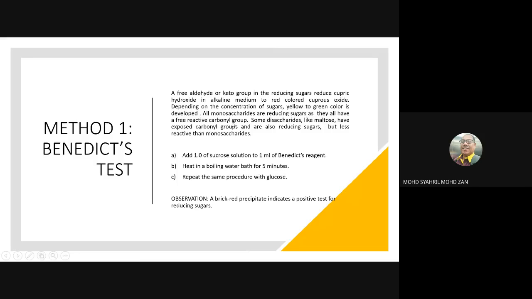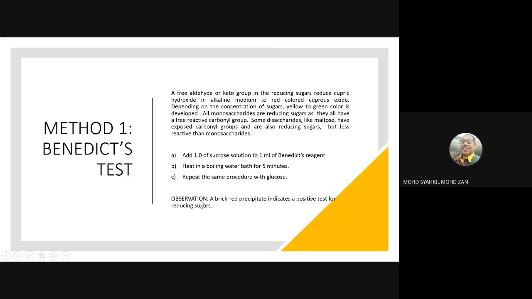You will see later. Some disaccharides like maltose have an exposed carbonyl group and are also reducing sugars, but less reactive than monosaccharides. So ABC is our procedure for doing this experiment.